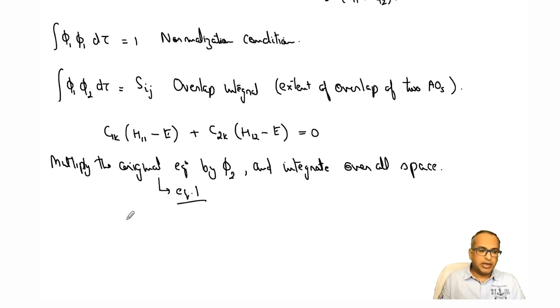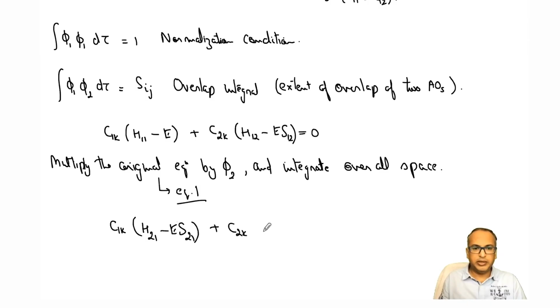If we do that, we'll get a similar equation, but now we'll get C1k, then we have H21 minus E. Wait, there is one more term over here: E into S12, S21, plus C2k, and this will be H22 minus E equals 0.